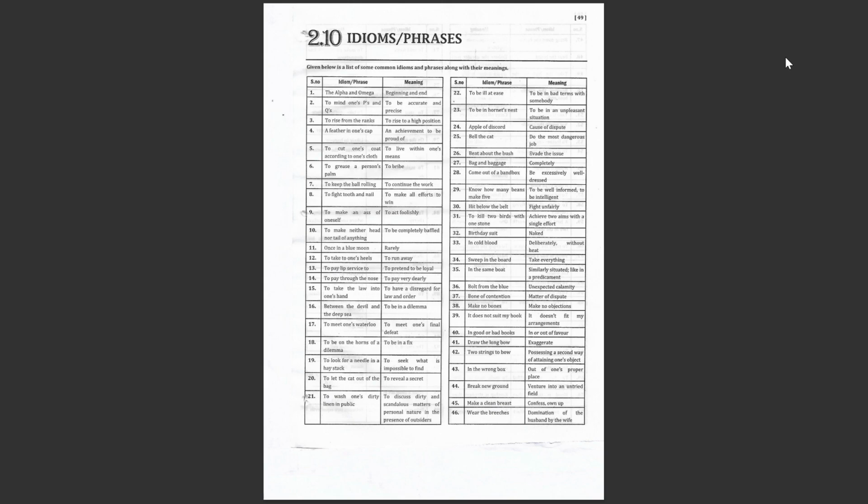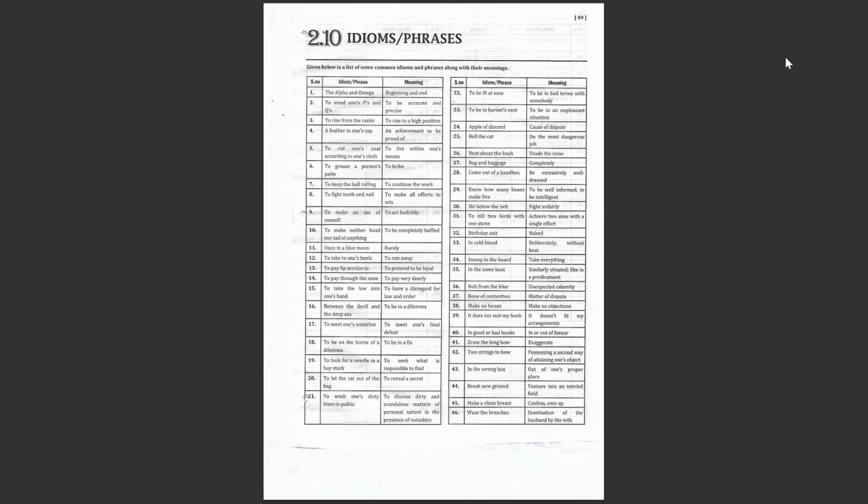The next idiom is to make neither head nor tail of anything. So you know head and tails are the two sides of a coin. And the meaning of this idiom is to be completely baffled. Baffled, if you remember, the synonyms of baffled is confused, puzzled, unclear. These are all synonymous terms. पर्यायवाची हैं ये baffle के.